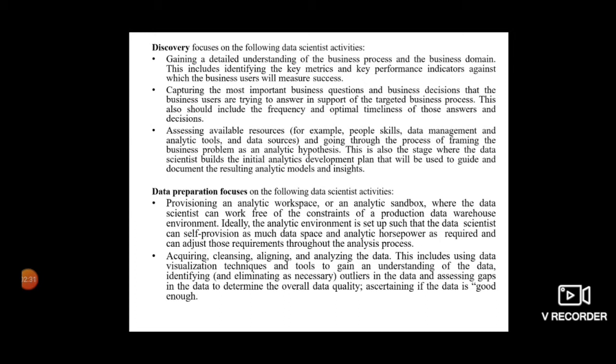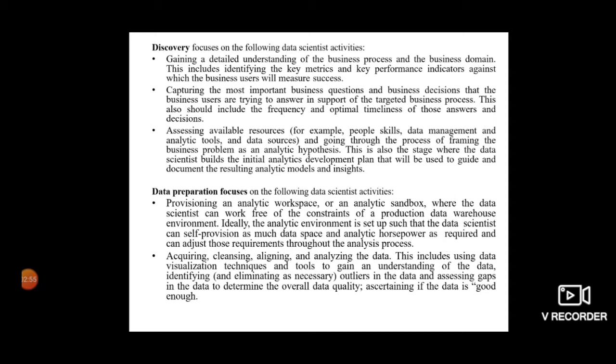Also, it involves gaining a detailed understanding of the business process and the business domain. Also, in this phase, the data scientist has to capture the most important business questions and business decisions that are related to the business users.